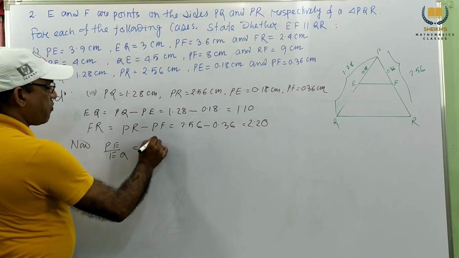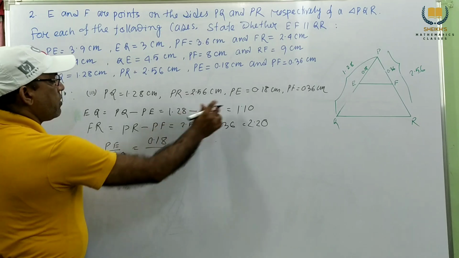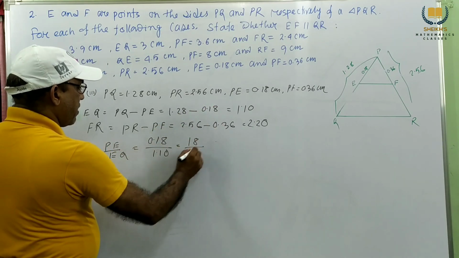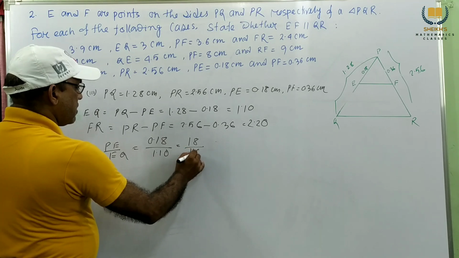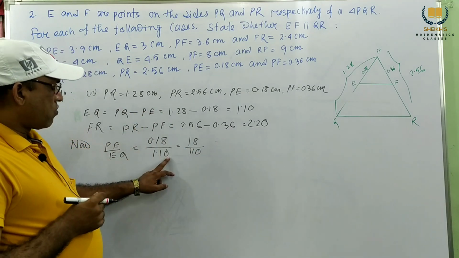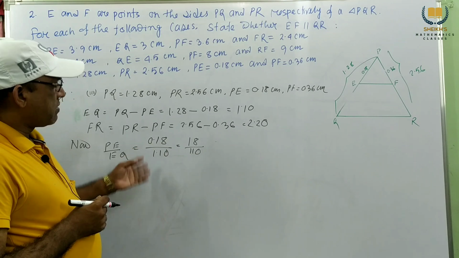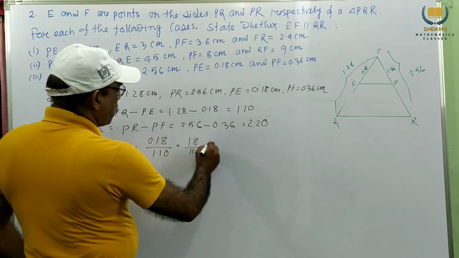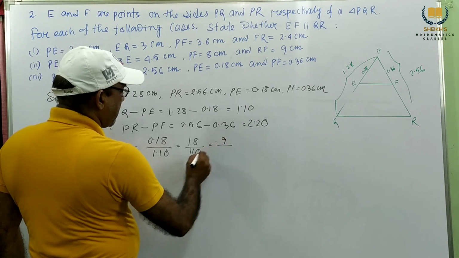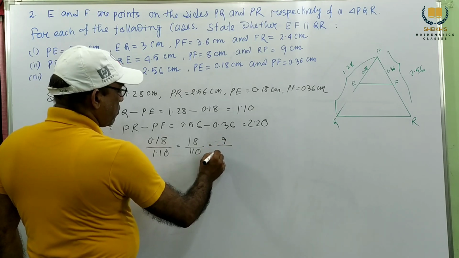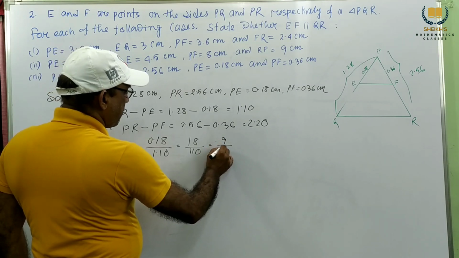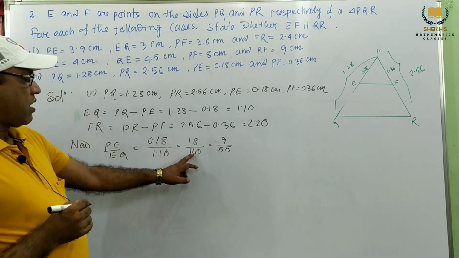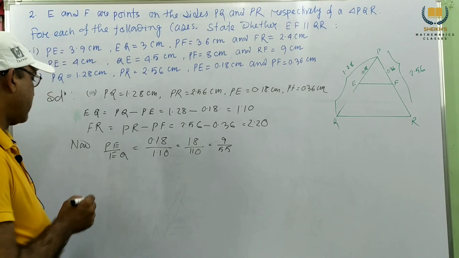PE means 0.18 and EQ is 1.10. This is 18 by 110, as the decimals cancel. Cancelling by 2, we get 9 by 55.